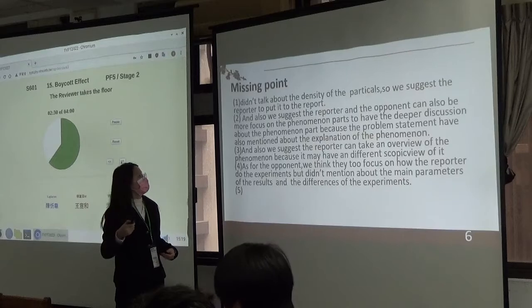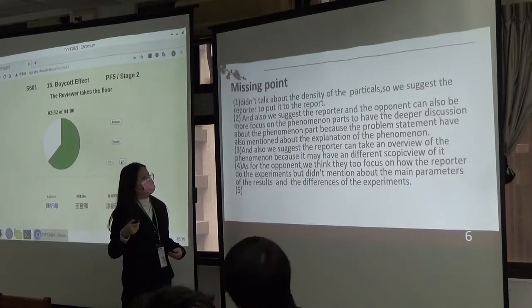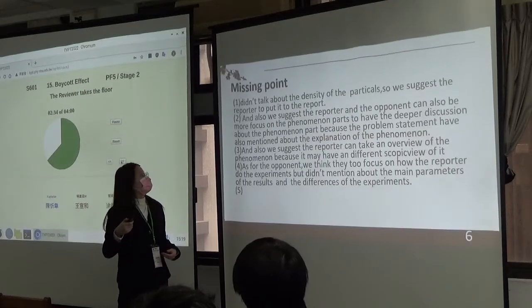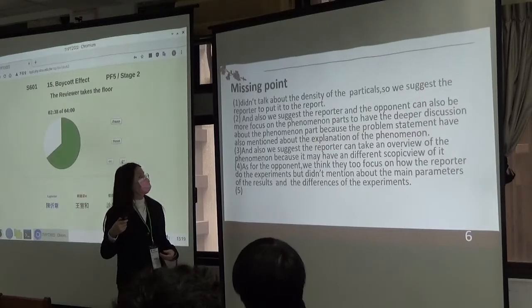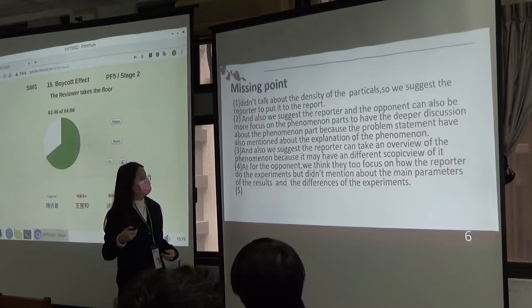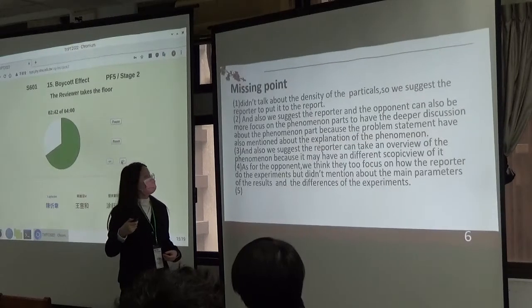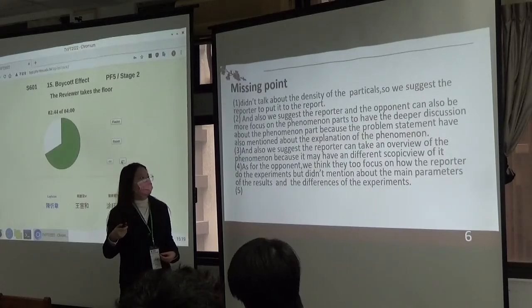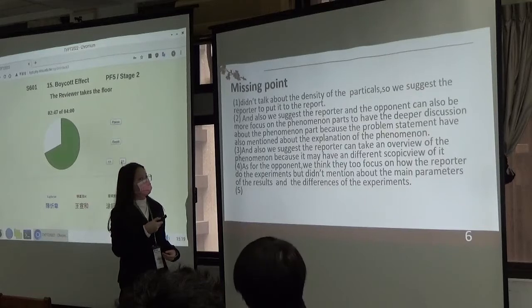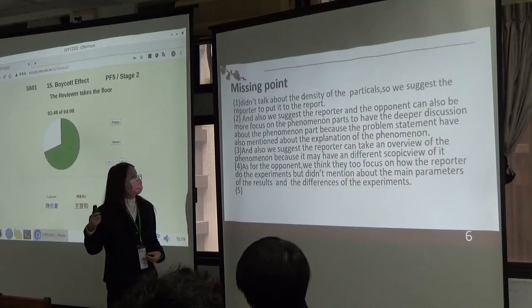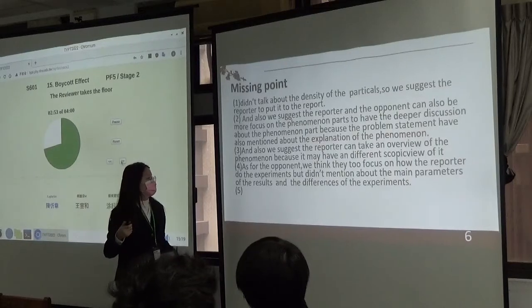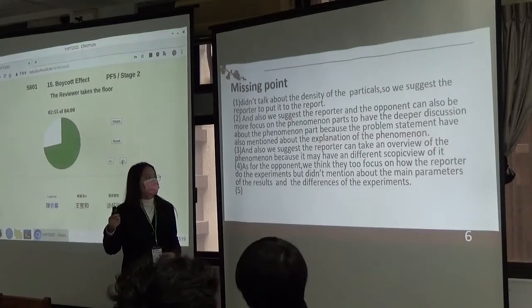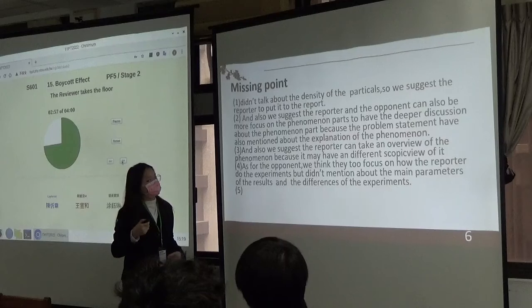And second, we also suggest the reporter and the opponent be more focused on the phenomenal parts to have a deeper discussion, because the purpose statement also mentioned the explanation of the phenomenon. And third, we suggest the reporter take an overview of the phenomenon because it may give a different scopic view.